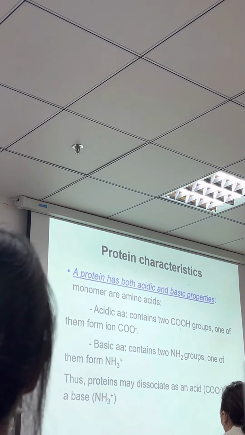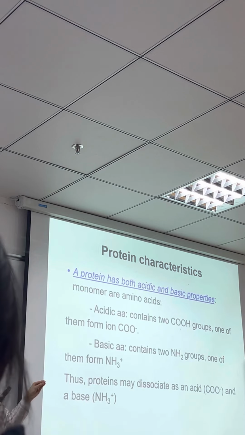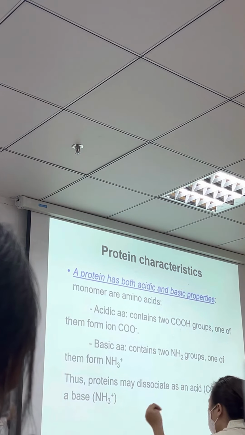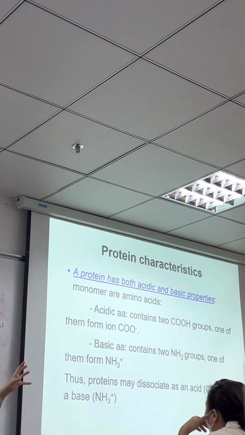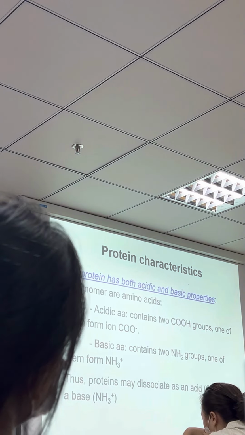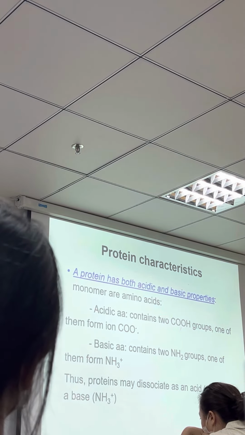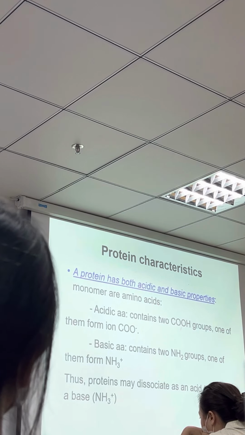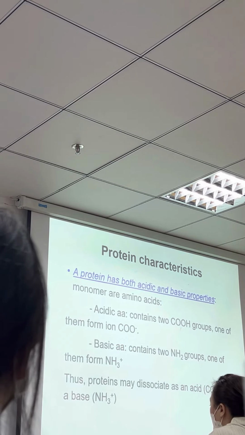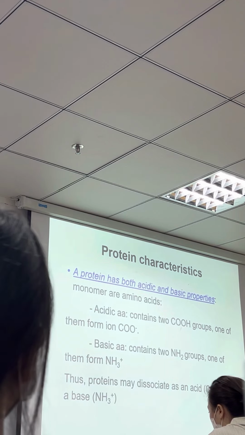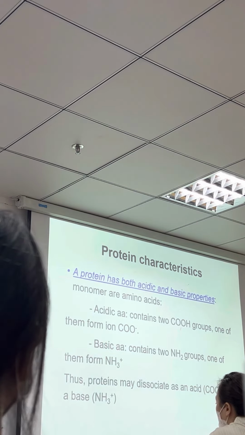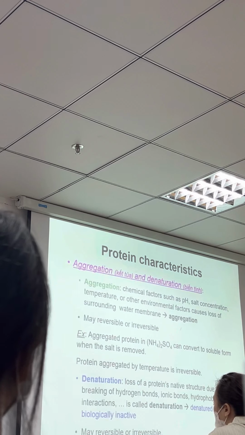Because among amino acids we have both acidic amino acids and basic amino acids. So the part of a protein which contains more acidic amino acids may have acidic properties. The part of a protein which contains more basic amino acids may have basic properties. So a protein can have both acidic and basic properties.